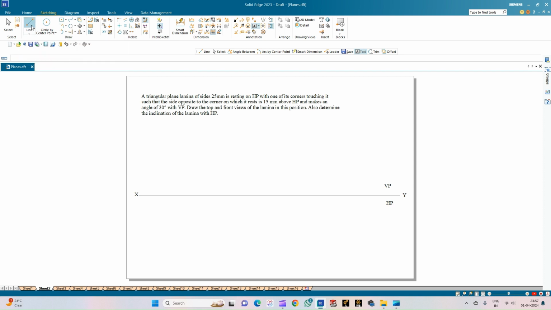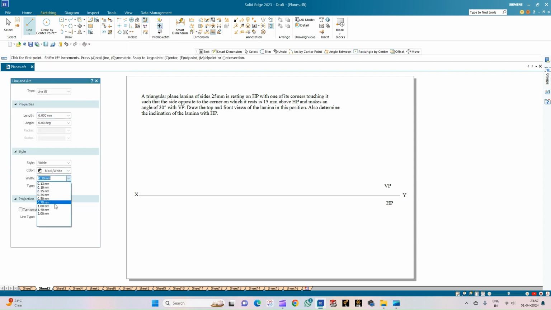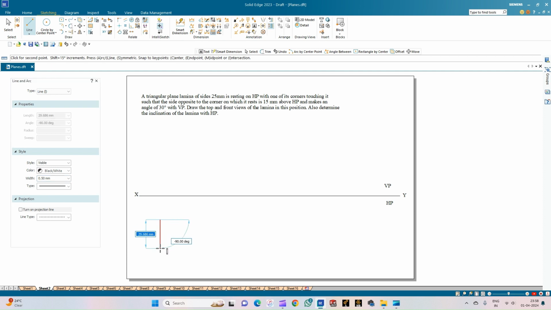So now we will try to draw the top view of the triangle. Since it is resting on one of its corners on the HP, we will take the side which is 25 and then construct the triangle. So all the sides will be equal.